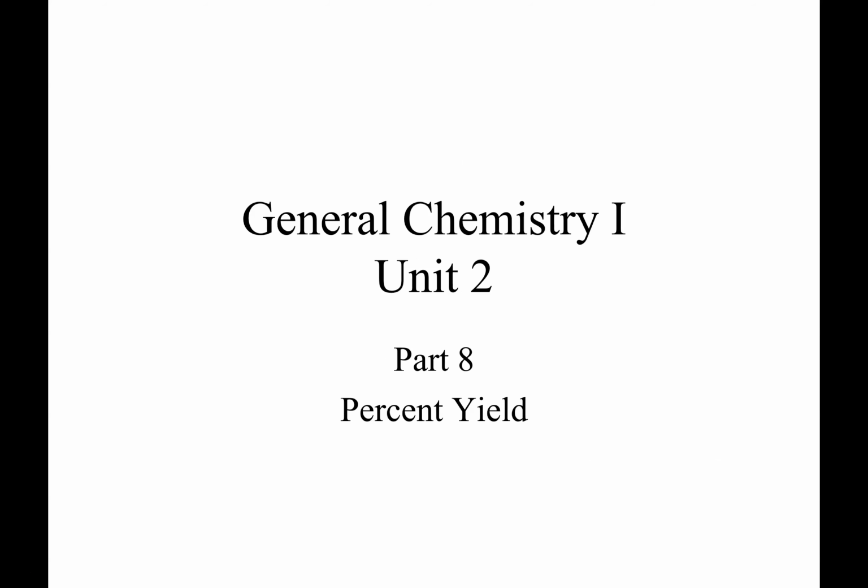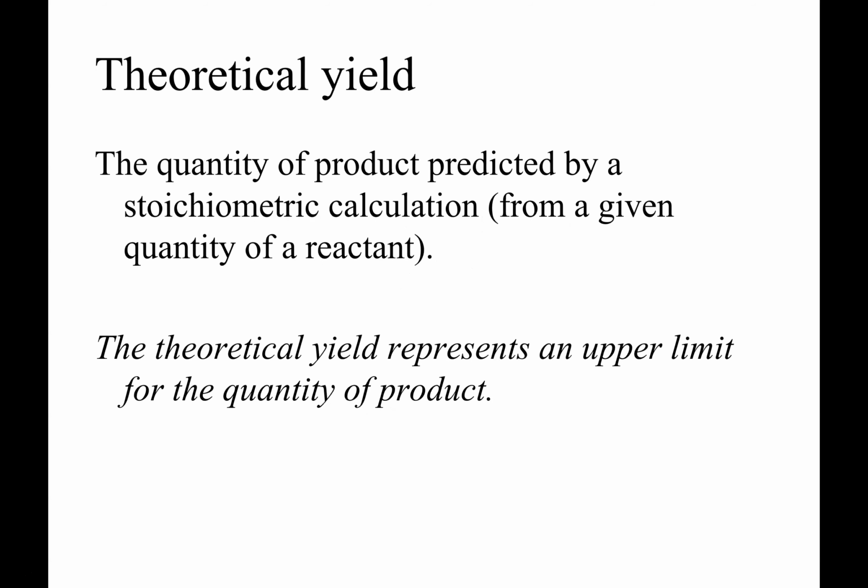I remember this. So this is all kind of related to stoichiometric calculations, okay? So percent yield. Now before we get to the percent yield problem, I want to talk a little bit about what percent yield is. In order to understand percent yield, you have to understand theoretical yield.